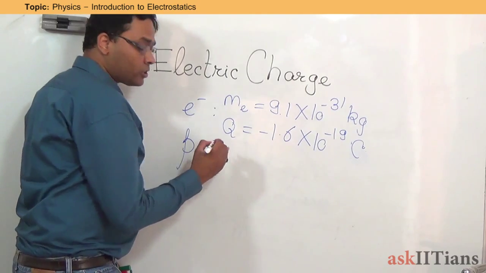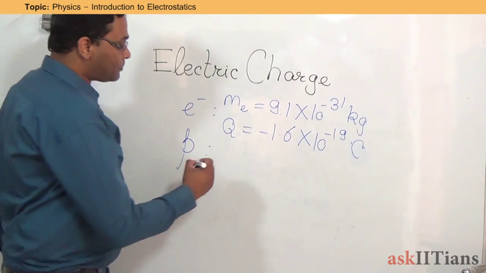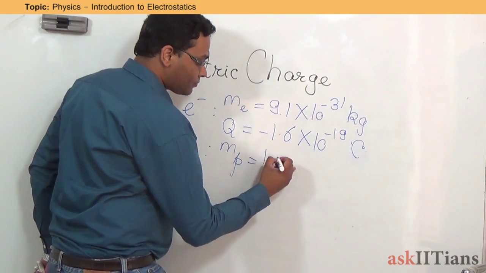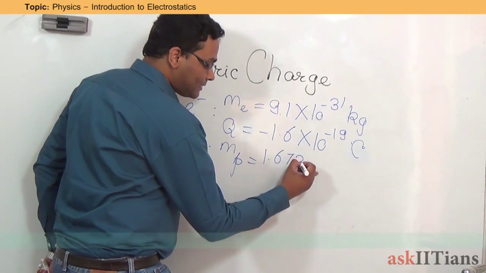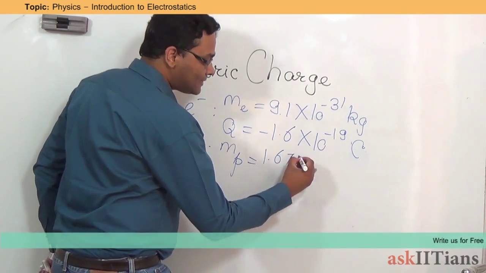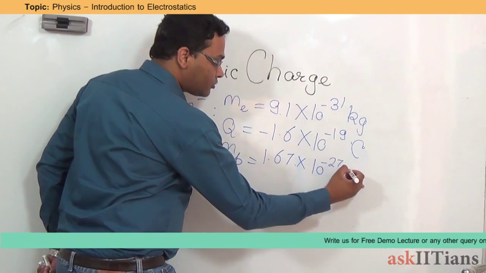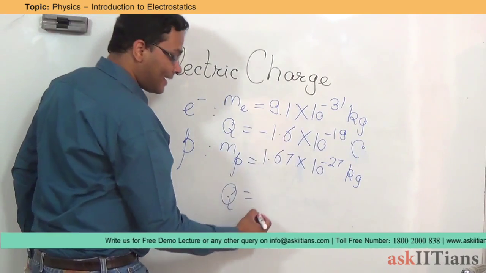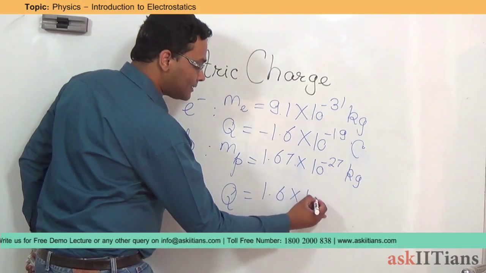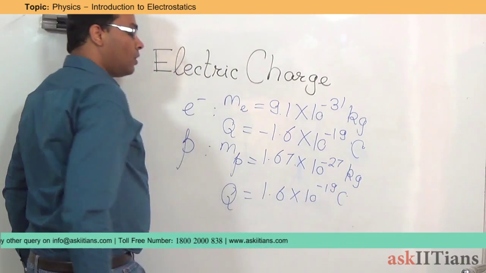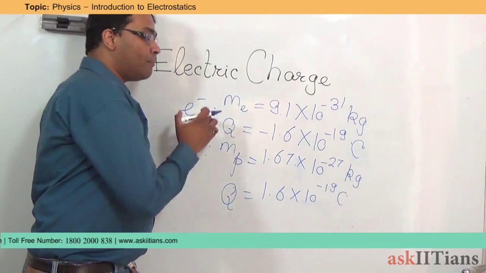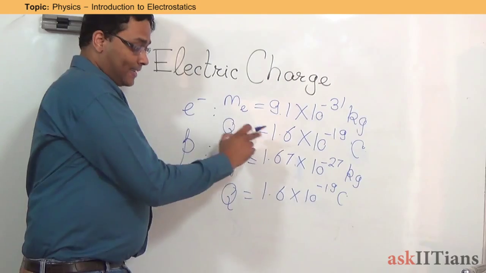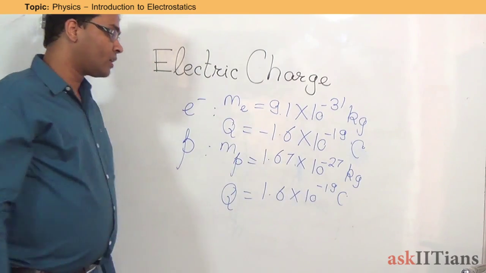Whereas for a proton, the mass is 1.67 into 10 raised to the power minus 27 kilograms, and the charge of a proton is exactly the same, that is 1.6 into 10 raised to the power minus 19 coulombs. When I say exactly the same, I mean the magnitude of the charge is the same. Charge carried by an electron is negative, charge carried by a proton is positive, right?